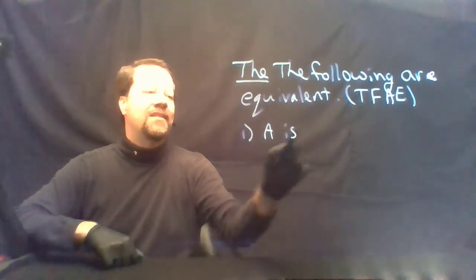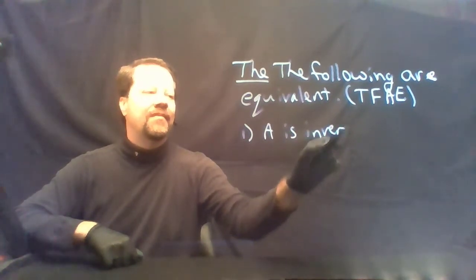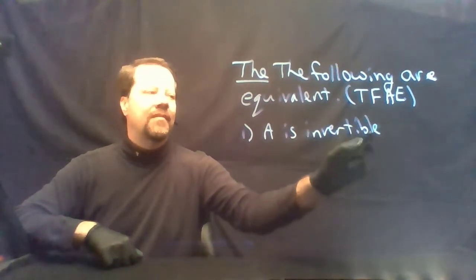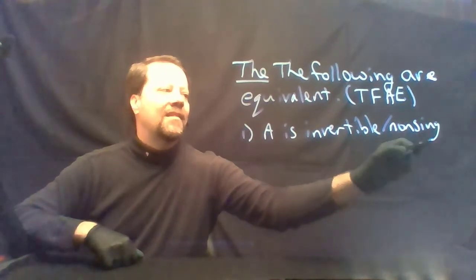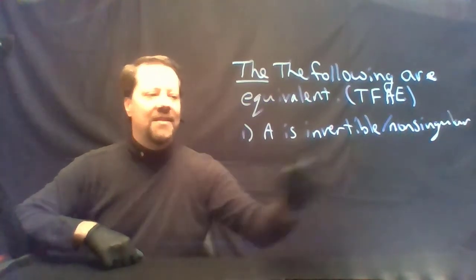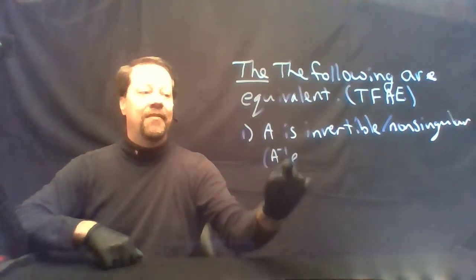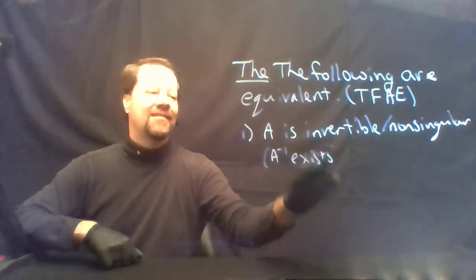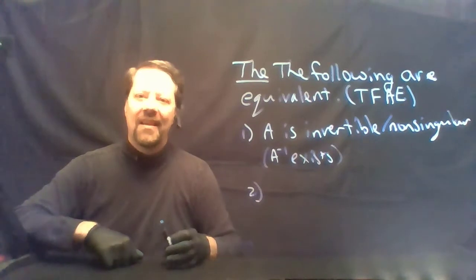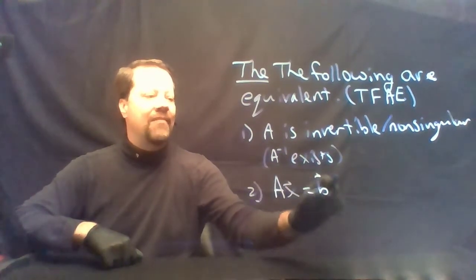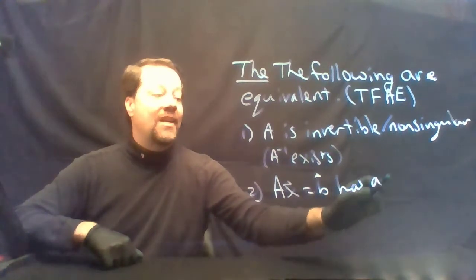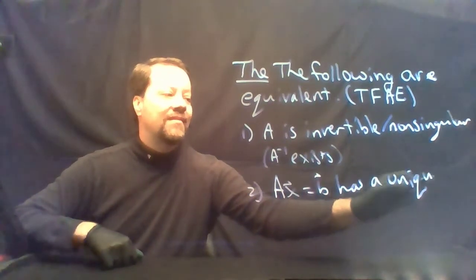A is invertible. That means non-singular, which means A inverse exists. 2. That's equivalent to AX equals B has a unique solution.